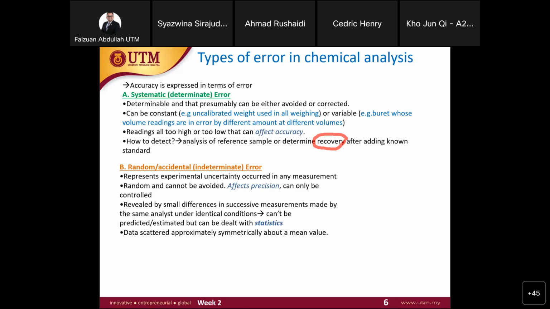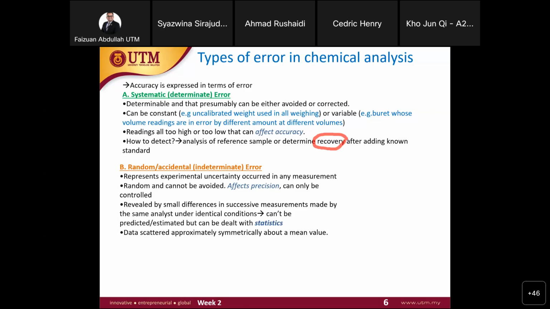Okay, plus minus 20%. And now we go to random, accidental or indeterminate error. Some of you guys, or Rushaidi, said that human error is included in random error. So what is random error? It represents experimental uncertainty occurring in any measurement, is random and cannot be avoided.